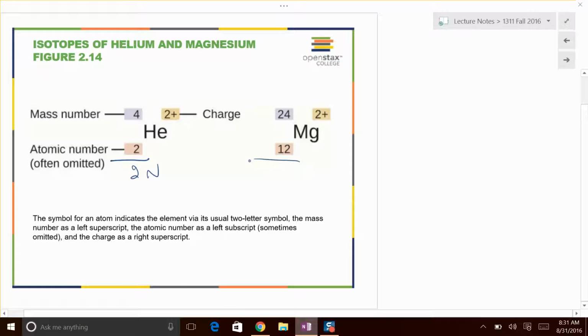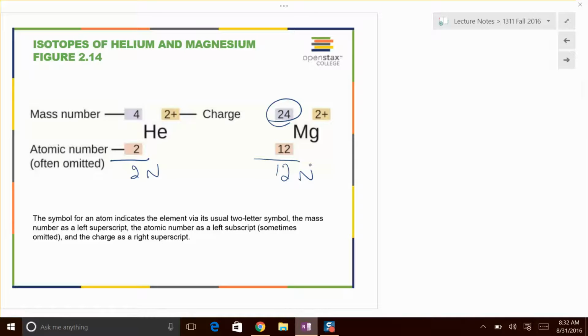How many neutrons are in magnesium 24? If magnesium has a mass of 24, how many neutrons does it have? 12 neutrons, 12 protons.